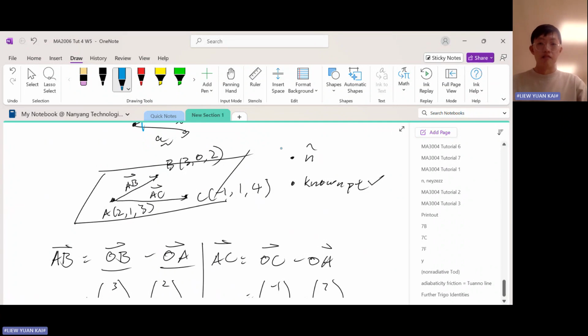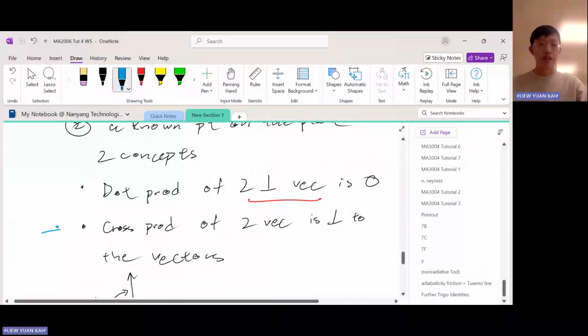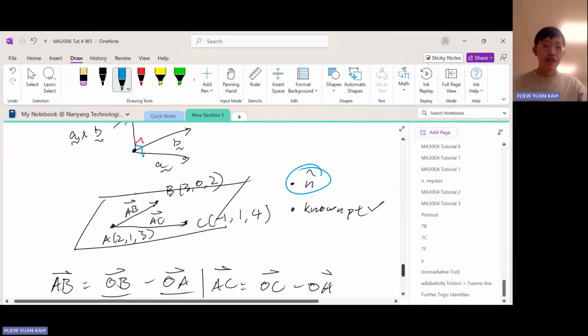So how do we get the normal vector? Recall from this concept that the cross product of two vectors will give you a perpendicular vector, right? So now that we find AB and we find AC, to find a vector that's normal to both of them, you just take AB cross AC. And that will give you this vector.